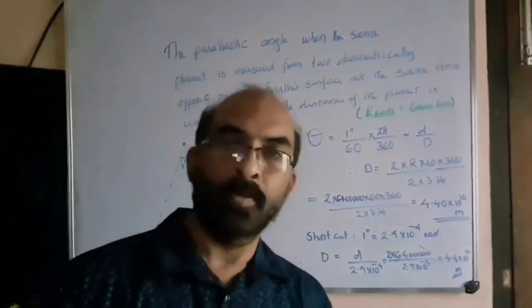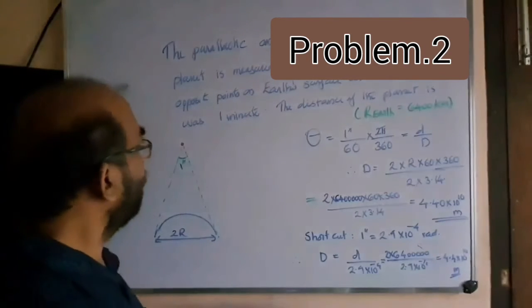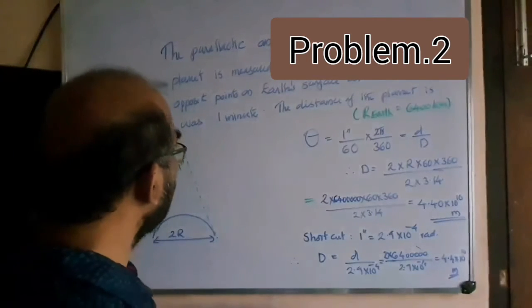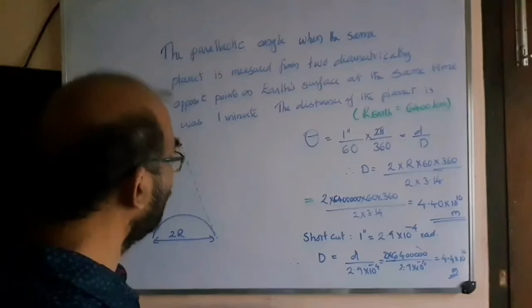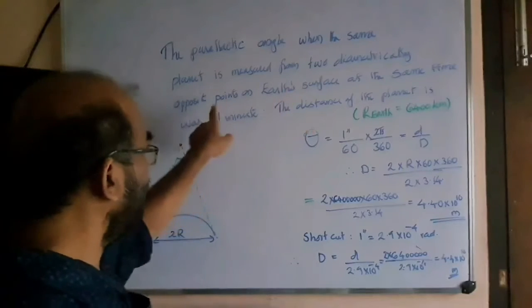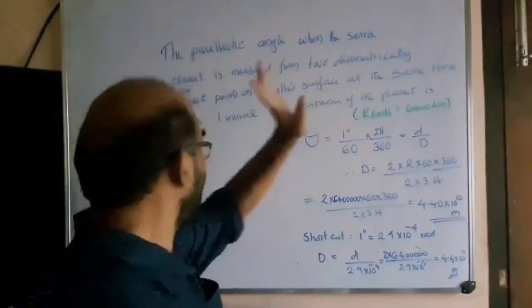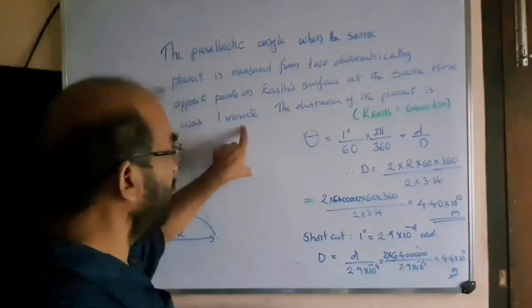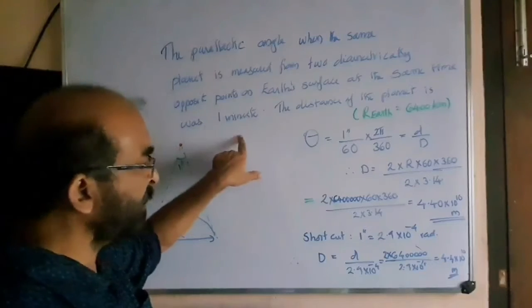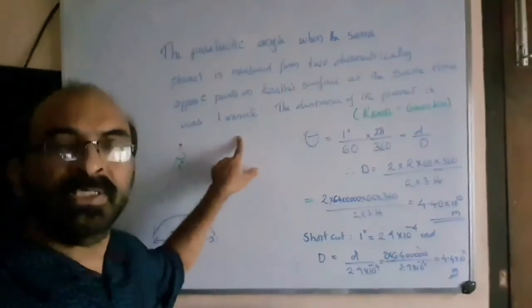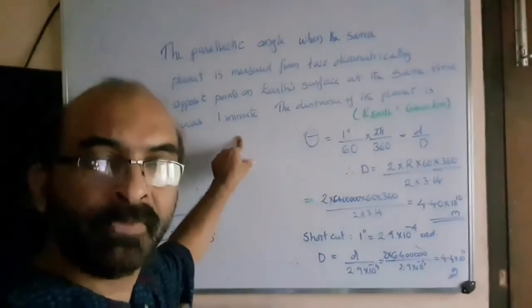Now look at the next problem. The parallactic angle when the same planet is observed from two diametrically opposite points on Earth's surface at the same time was 1 minute. The distance of the planet is? Here what is the main difference from the previous problem?